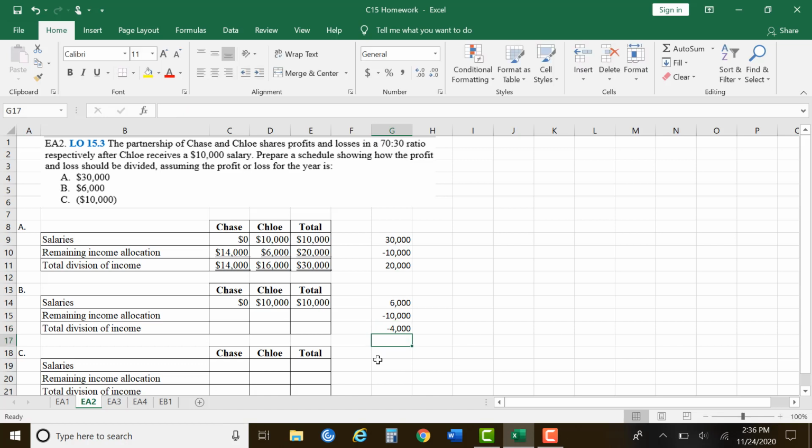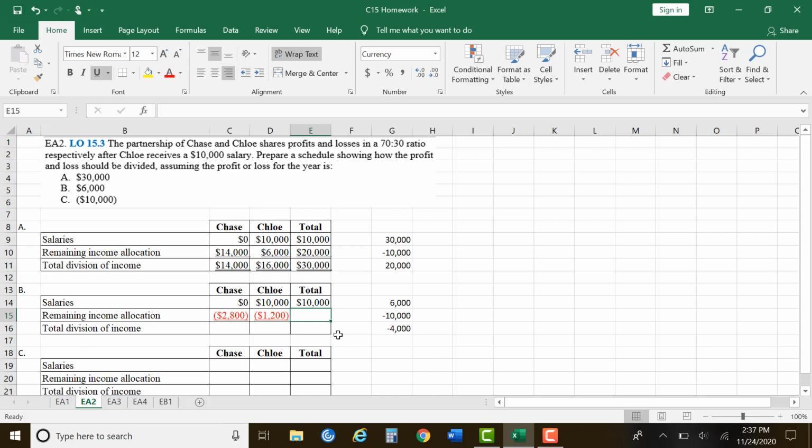So how are we going to split that? Well, the losses and the incomes are split the same way. Chase actually gets a bigger amount. So negative 4,000 times 70%, he has 2,800 that he has to cover. And then Chloe, of the negative 4,000, covers 30% of it. So she's going to cover 1,200 of the loss.